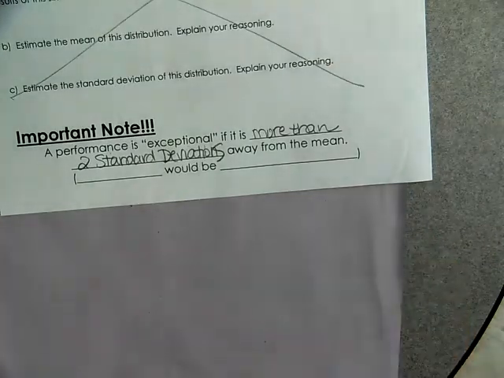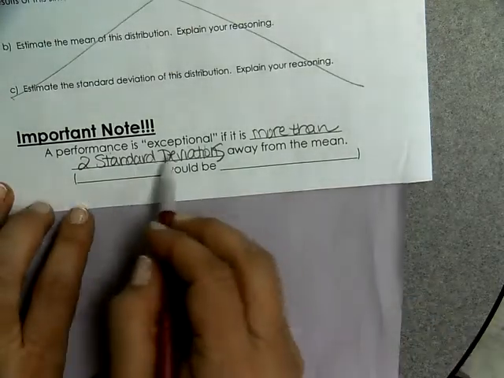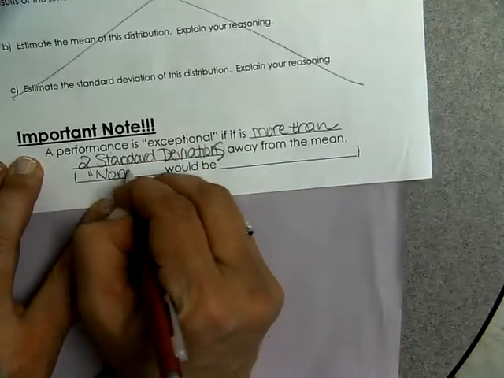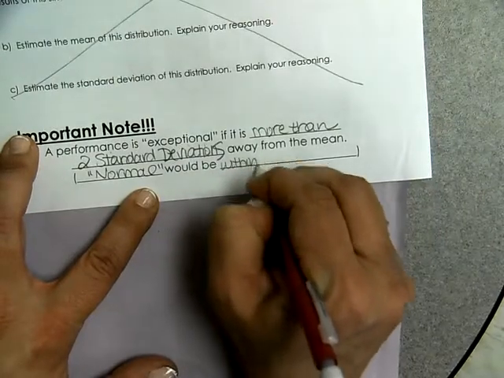It follows with what we've been talking about, because didn't we say that 5% is a cutoff for an exceptional performance that we've been dealing with this whole semester? And if you think about it, 2 standard deviations away is 95% of the data, right? So then what's left? The 5%. So that's where that 2 standard deviations away comes from. A normal performance would be within 2 standard deviations.